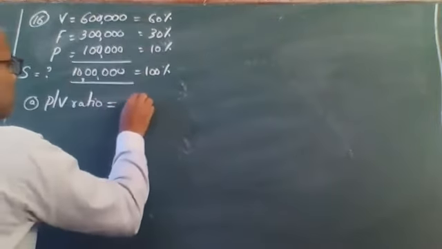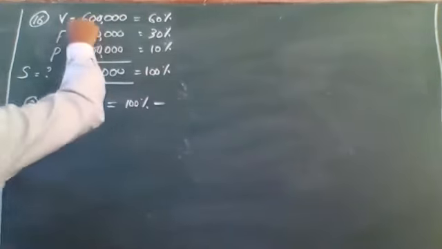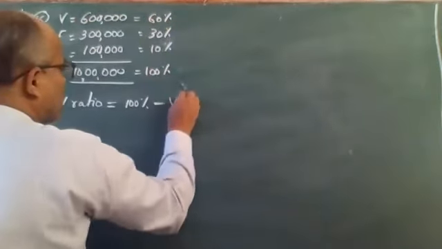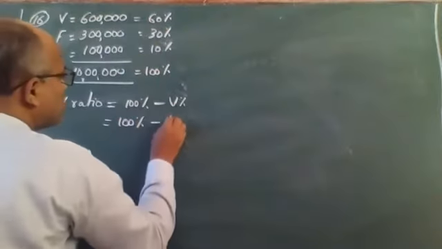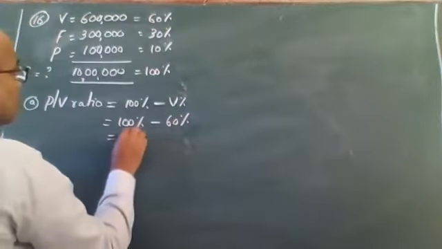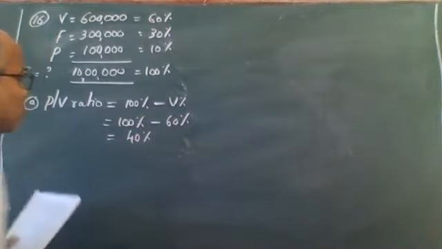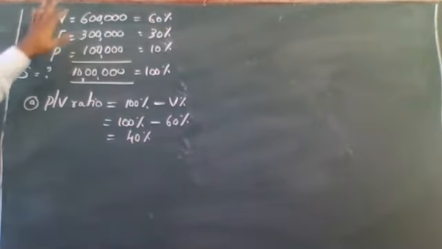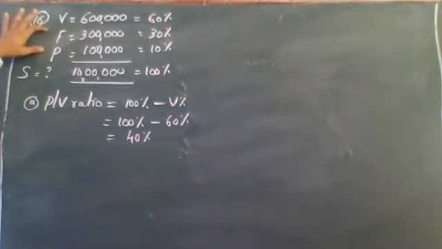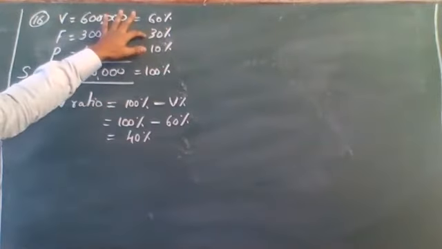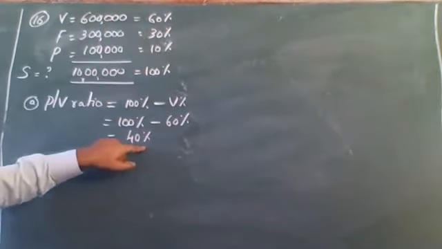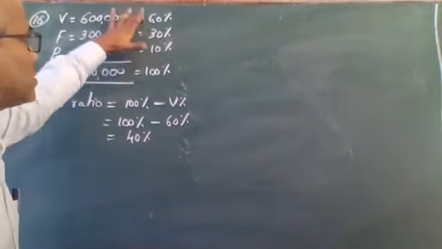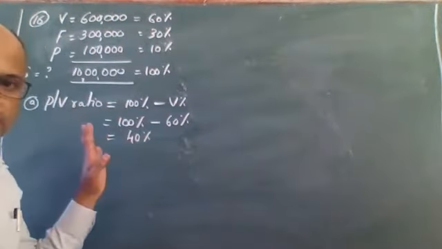From 100%, if I deduct the variable cost percentage 60%, the answer is 40%. Because your contribution is S minus V or F plus P. F is how much? 30. P is how much? 10. 30 plus 10. 40% is PV ratio, or S minus V. 100% minus 60% is also PV ratio.